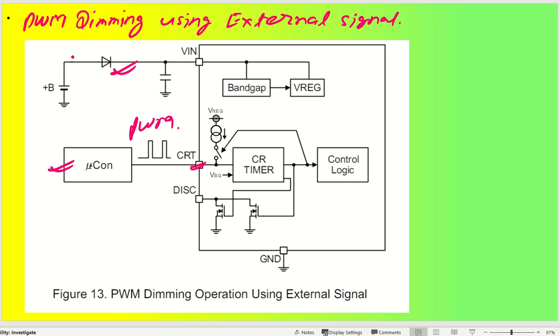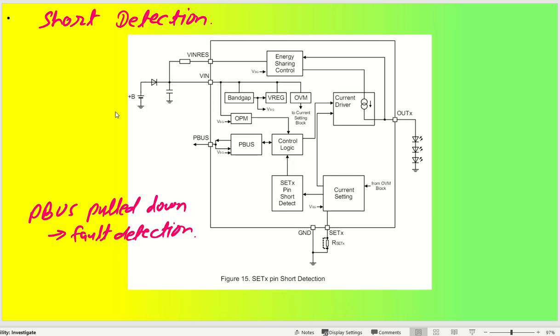This will be a little easier for you, because it is very independent of the input voltage, and it will be a little bit easy using software. You can control your PWM dimming of the output currents. So this is another method. These are the different methods that we use for PWM dimming or current setting.